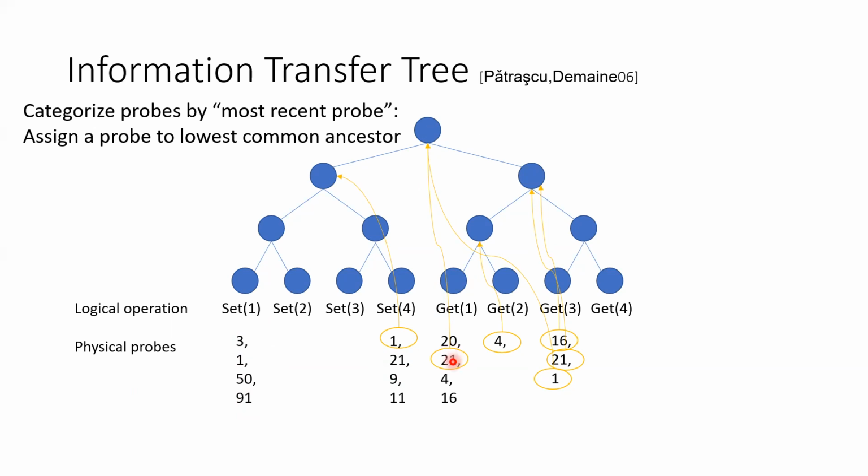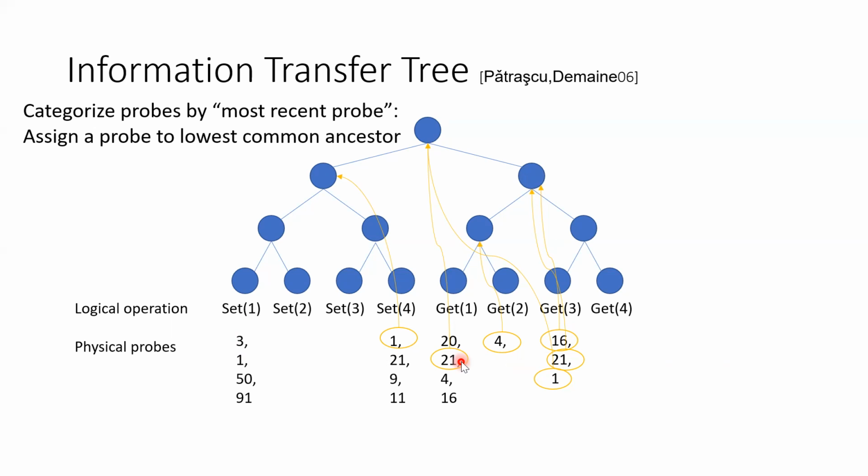And we only consider each probe with its most recent probe to the same location. So this 21 has a most recent same-location probe, and it is assigned to the lowest common ancestor with this one.